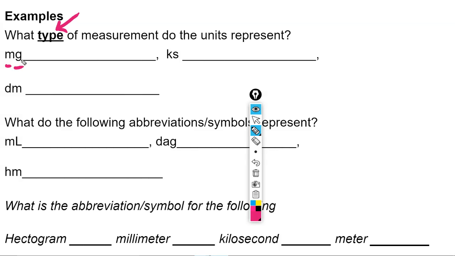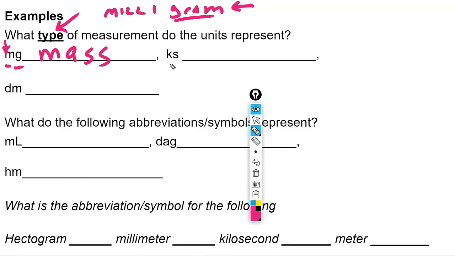MG: the last letter in any of these units tells us the base unit. So M stands for milli and G stands for gram. So what did we measure? If we measured milligrams, milligrams measures mass, grams measures mass. So our type of measurement here is mass.